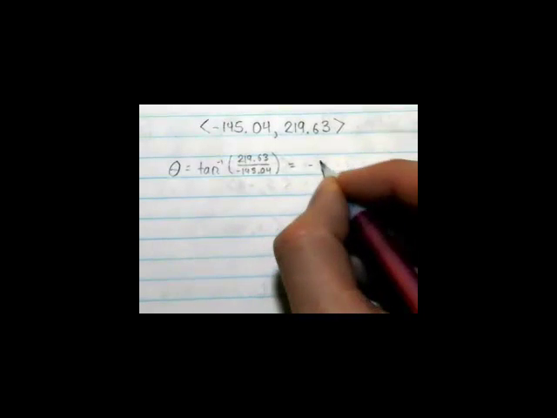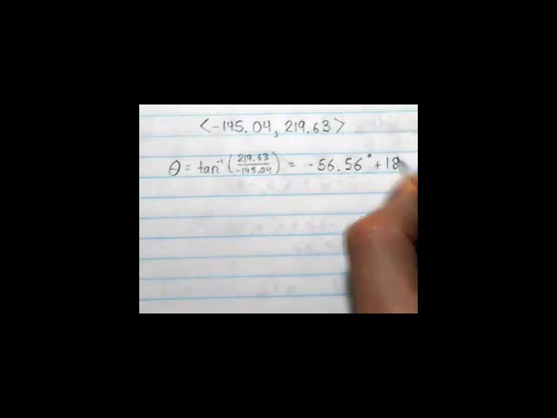All right, so the calculator is telling us negative 56.56 degrees, which we know is wrong because that would put us in what quadrant? Not the second, the fourth, right? So add 180 to that answer. So the new direction of the plane is actually about 123 degrees, 123.44.